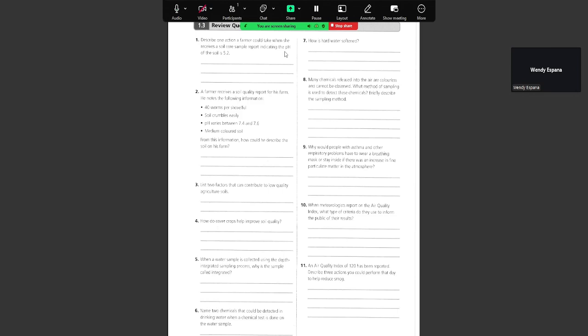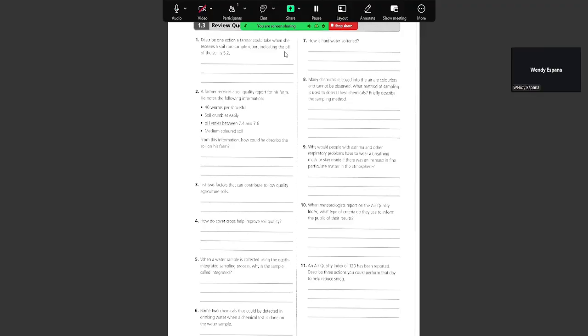Number 5, when a water sample is collected using the depth integrated sampling process, why is this sample called integrated? Remember, we talked about what integrated means, and we talked about what this process does to the water. And so you want to explain why it's called integrated. That's also worth 1 mark.